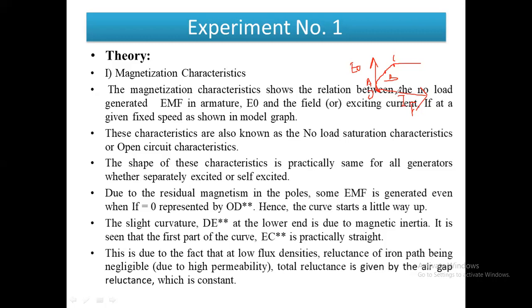I think we have already discussed this point in the last 2 or 3 lectures, that is magnetization characteristics. I have explained it in the theory, but I am explaining it here also because we want to perform the practical.